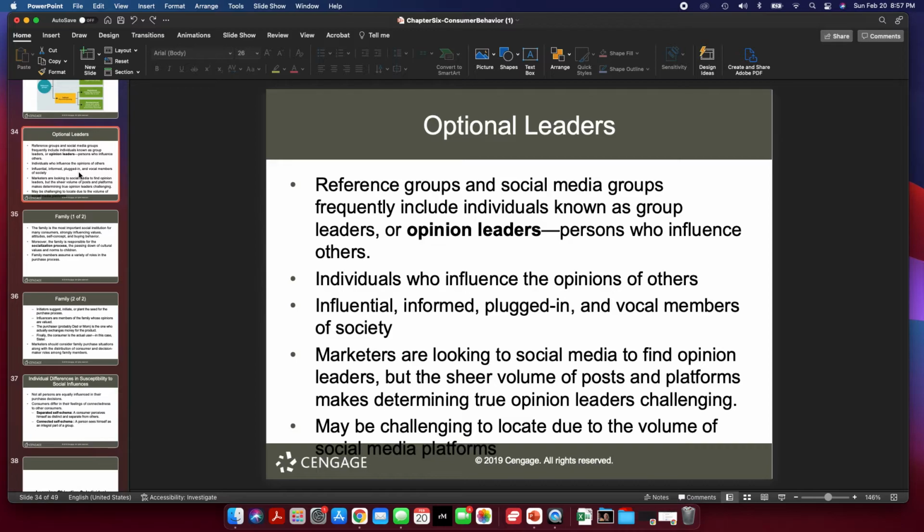If they match our target market and seem to have a good engagement rate, meaning the number of likes, comments, and shares divided by the number of followers, and that engagement rate is high, we say they have a pretty good engagement rate with our target market.